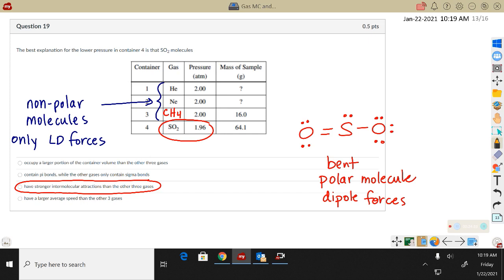Whereas now this polar molecule is going to have a little bit stronger intermolecular force. So if the particles are a little bit more strongly attracted to each other, I might expect the pressure to be a little bit less. They're not going to collide maybe as often, or maybe they won't collide as forcefully if they're a little more attracted to each other. So the pressure was just a little bit less, probably due to the stronger intermolecular attractions.